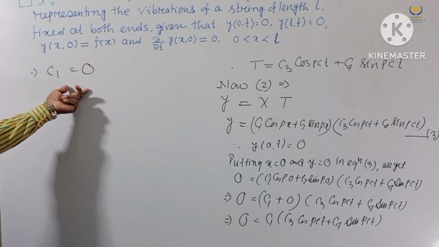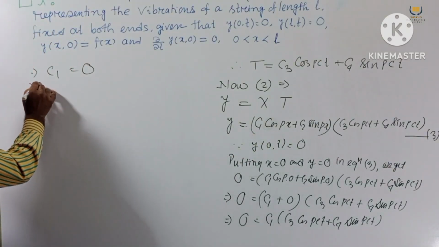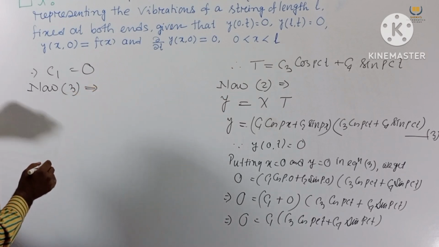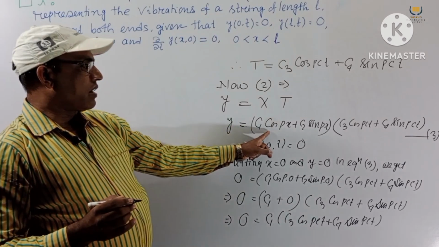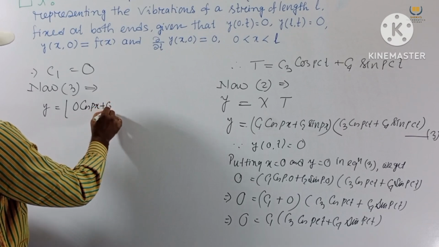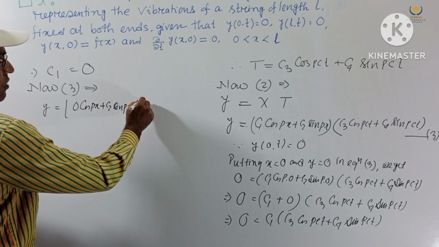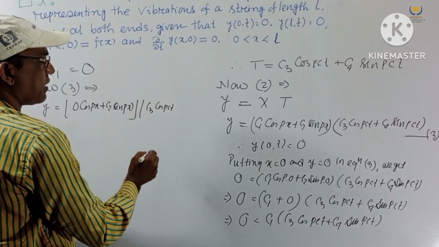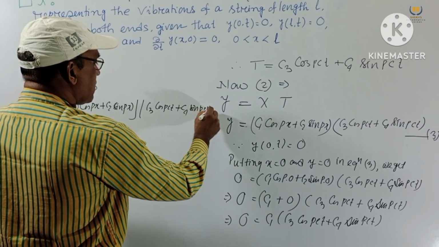We put the value of c1 in equation number 3. Now 3 implies, putting the value of c1 in equation number 3, y equal to 0 times c1 cos px plus c2 sin px into c3 cos pct plus c4 sin pct.